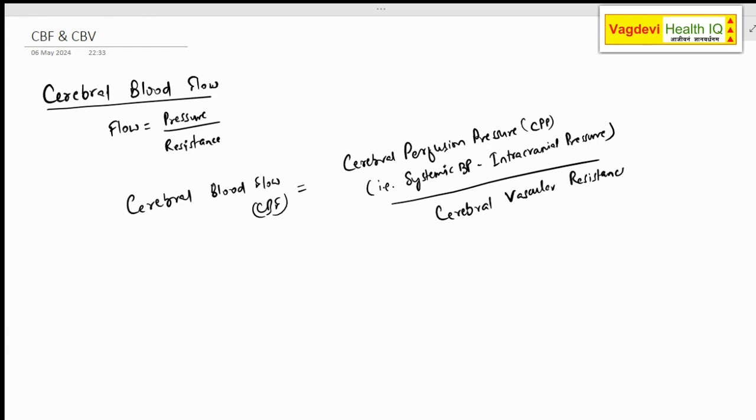So this is how you calculate the cerebral blood flow, right? So in normal conditions, what will happen? It will be related to how much you are using the brain. I mean, how much energy the brain is using, right?